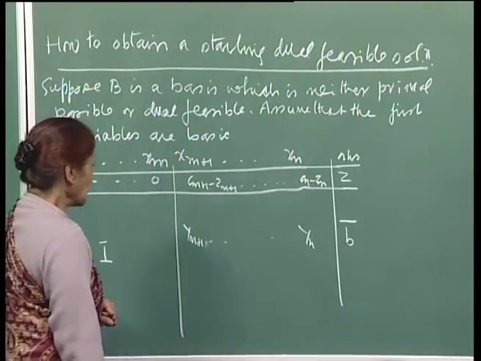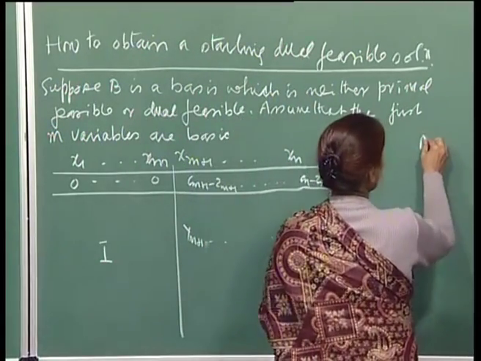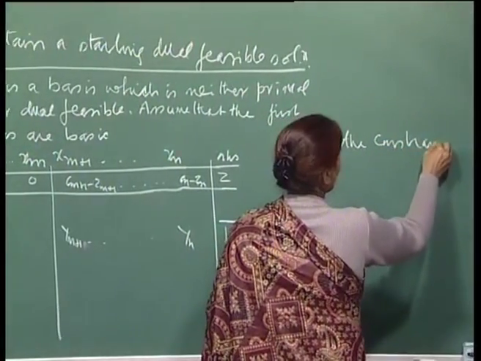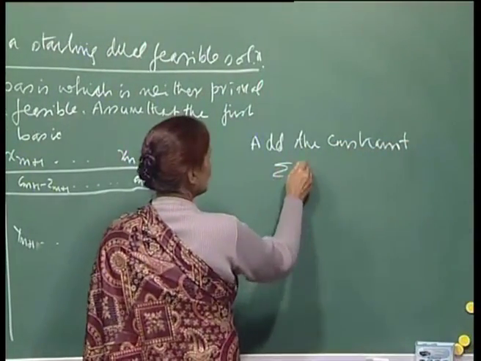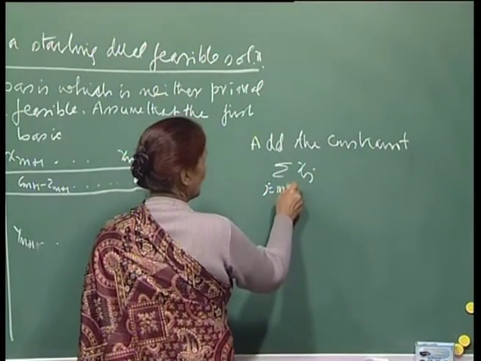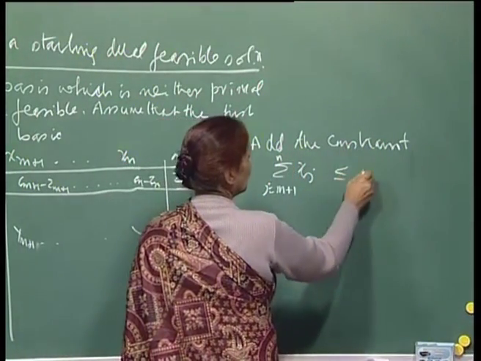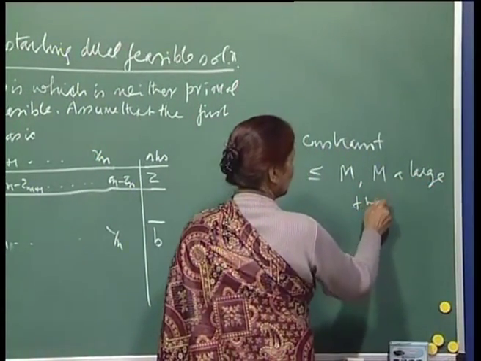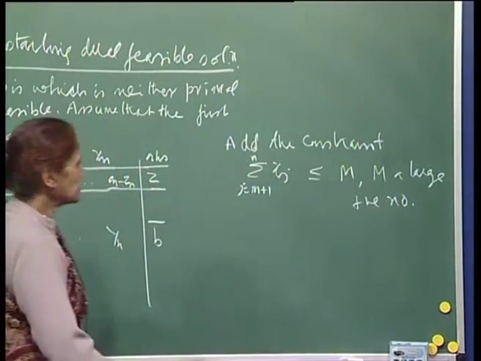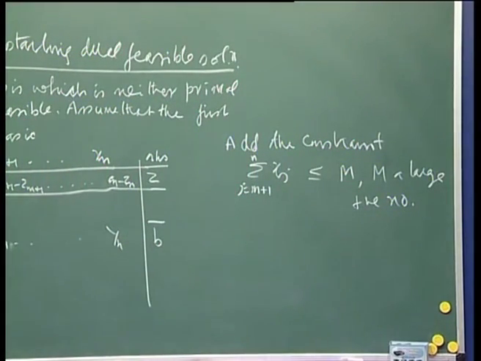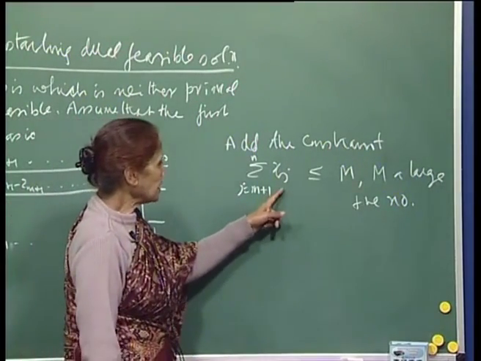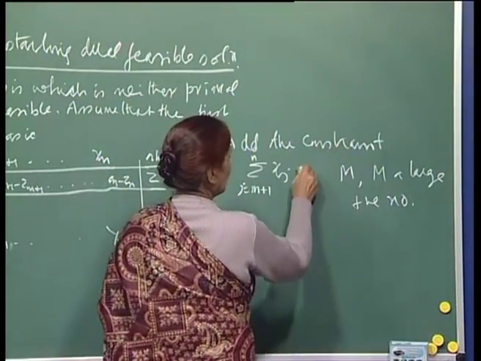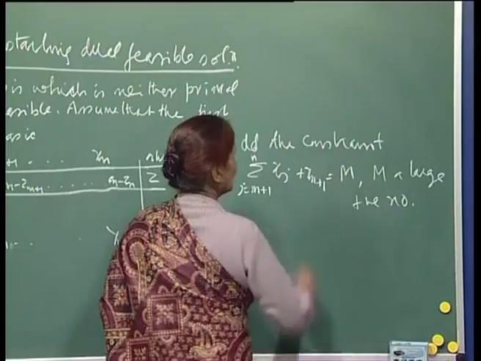So, what we are saying is to add the constraint summation x j, j varying from m plus 1 to n, less than or equal to M, a sufficiently large positive number, and it will be clear how large. If you add this constraint, you will add a slack variable, so that it becomes plus x n plus 1 is equal to M.